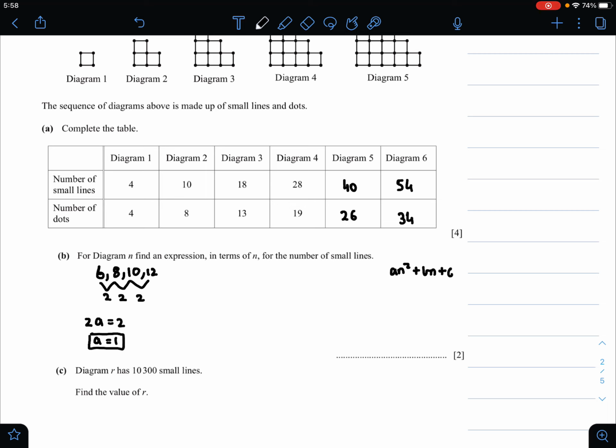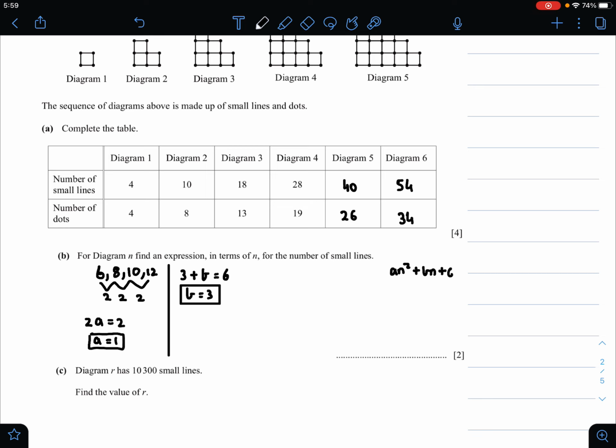So now we know the value of A, so let's find the values of B and C as well. 3A plus B is equal to the first difference that you found. In this case that would be 6, because 10 minus 4 was 6. So 3 plus B equals 6. Therefore B will be equal to 3. Therefore your B value is 3.